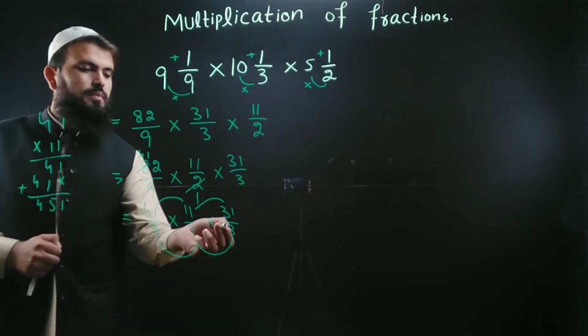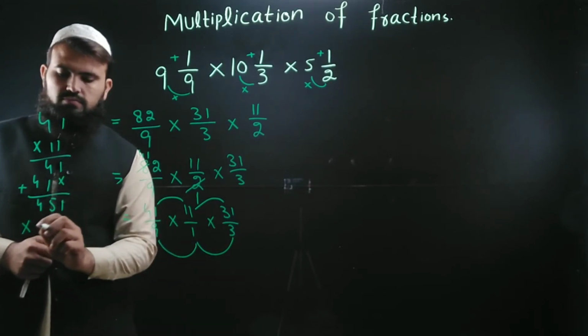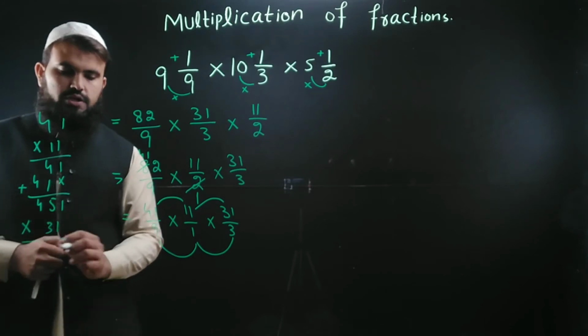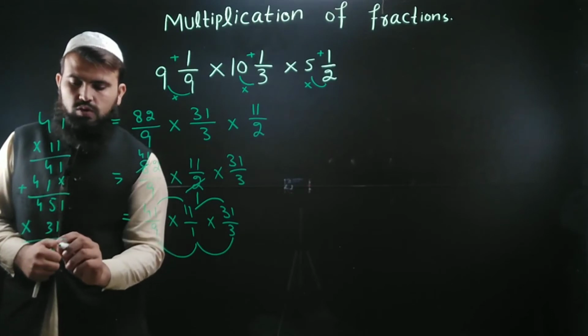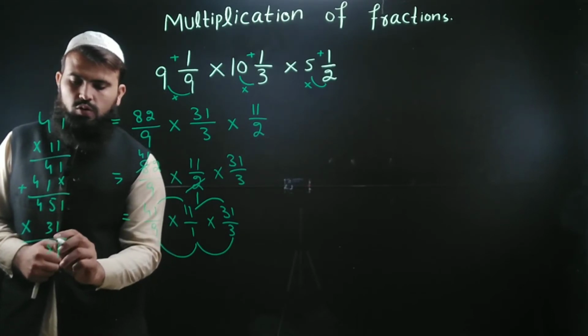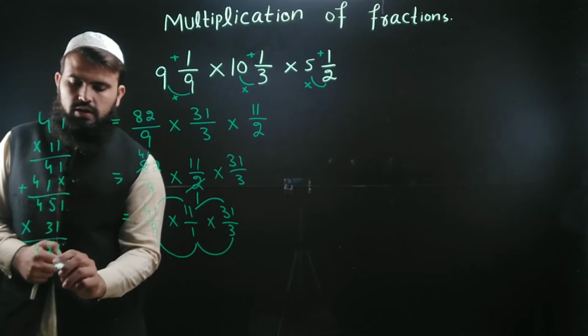Here multiply with 31, because numerators multiply with each other. 1 times 1 is 1, 1 times 5 is 5, 1 times 4 is 4.